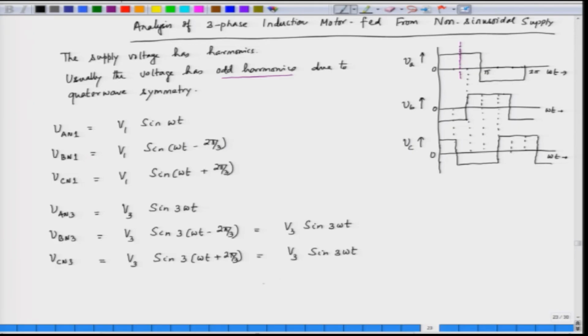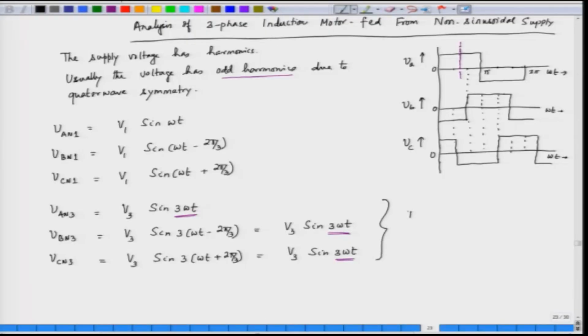So, what we get here is that the third harmonic voltages V An3, V Bn3 and V Cn3, they are co-phasal, they are basically in the same phase. So, when a voltage is co-phasal, that voltage or that set of voltages will not produce any rotating field, and hence the third harmonic voltage has no role in torque production.